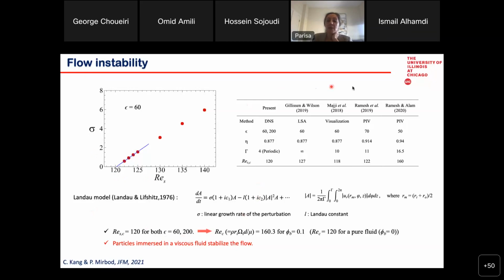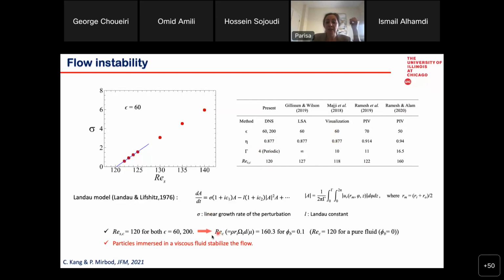We also, in this paper, as you can see, compared it with experiments and linear stability analyses that we found. These three are experiments of the same scenario, meaning that they added the particles inside the wet flow, and with either PIV or LDV, as I remember, they analyzed the same scenario that we considered, and they got very close to the critical Reynolds number that we found, 120.